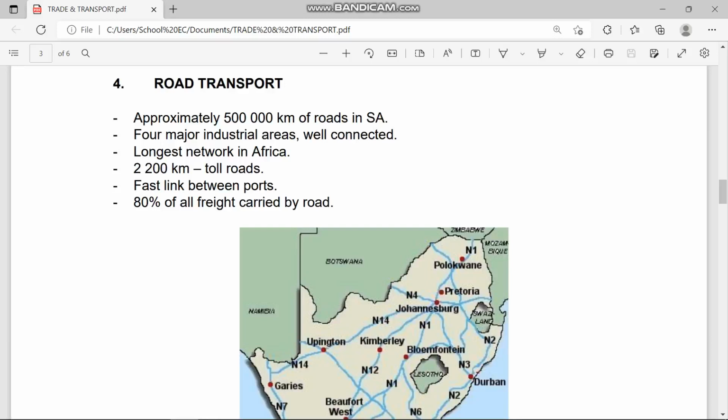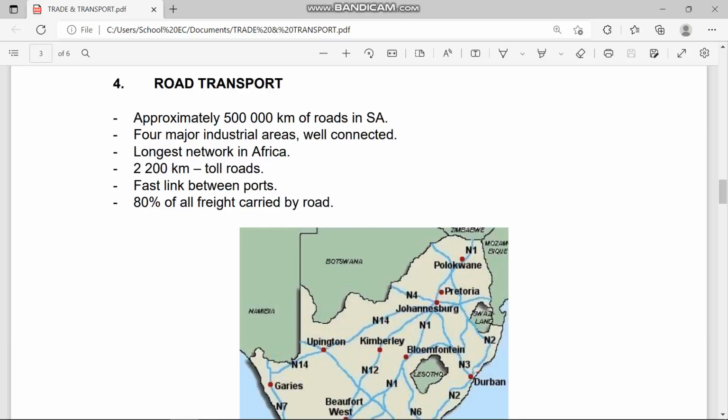There are approximately 500,000 kilometers of roads in South Africa. There are many road networks. At least South Africa has developed infrastructure for us to be able to trade effectively.